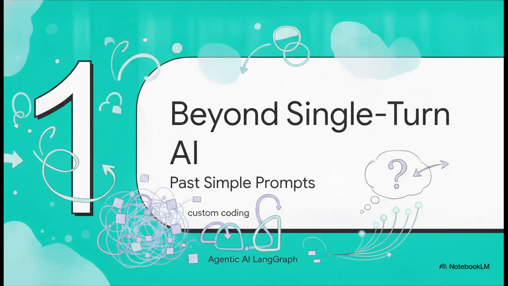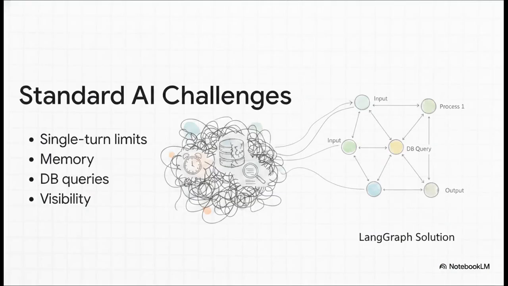All right, part one, beyond single-turn AI and moving past those simple prompts. If you've tried escaping the limitations of a single prompt cycle, you know it usually requires a ton of custom coding. You're suddenly forced to manually handle those single-turn limits, figure out a way to remember context from earlier messages, securely query external databases, and somehow provide visibility into what the model's actually deciding to do.